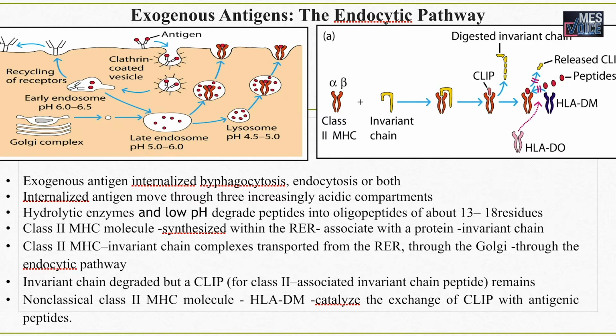Now this class 2 MHC molecule invariant chain complex, which is produced on the rough endoplasmic reticulum, will be transported through the Golgi complex, again through the endocytic pathway. As this complex moves through the endocytic compartments in a similar way as the antigenic peptide also travelled, the enzymes will cleave the invariant chain, but the total peptide is not cleaved off.